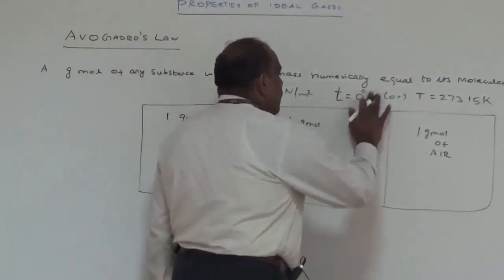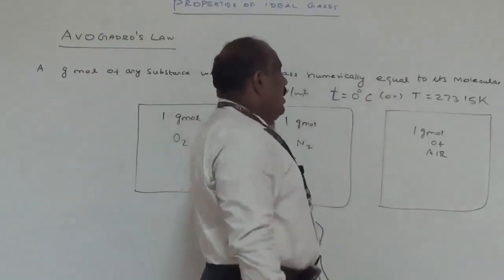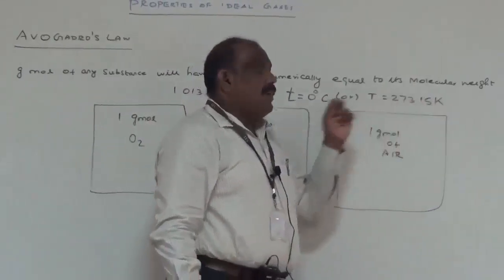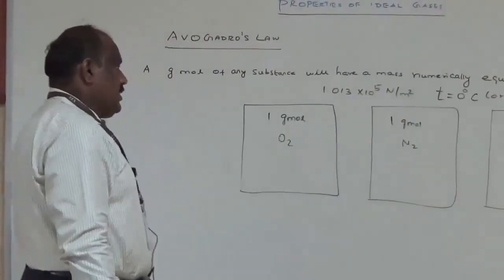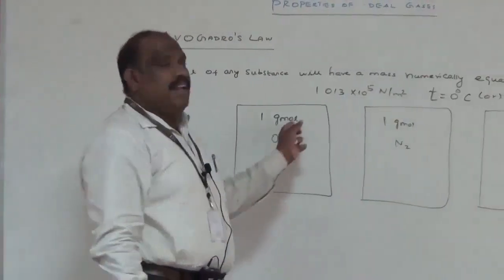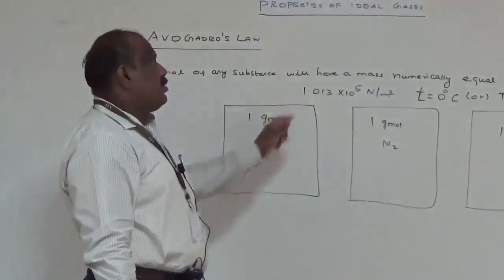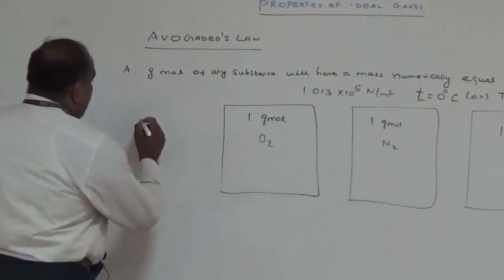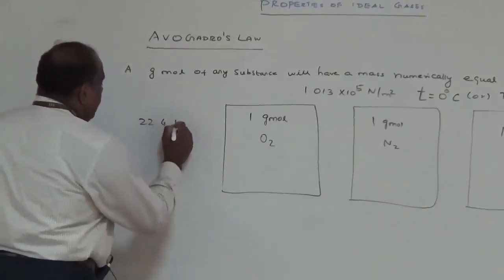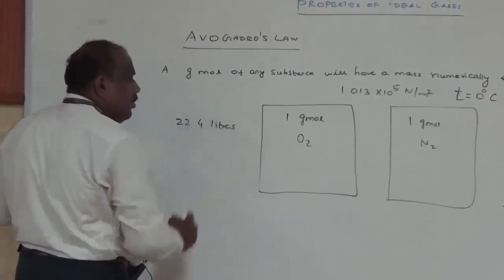The C should be capital because it is the name of the scientist. The temperature on the Kelvin scale is given by adding 273.15 Kelvin. Now, under these conditions, 1 gram mole of any substance, here referring to a gaseous substance, will occupy a volume equal to 22.4 liters.